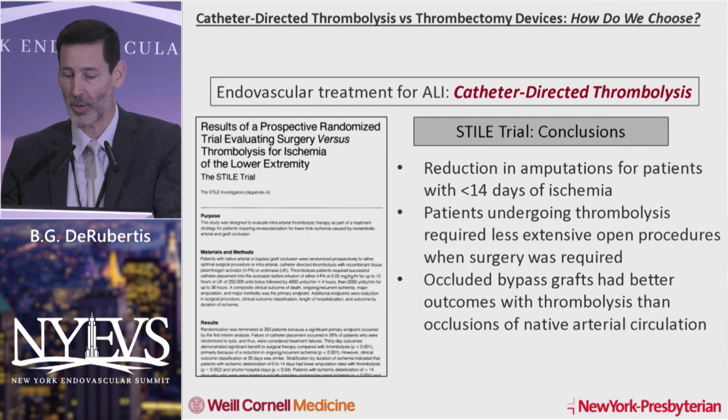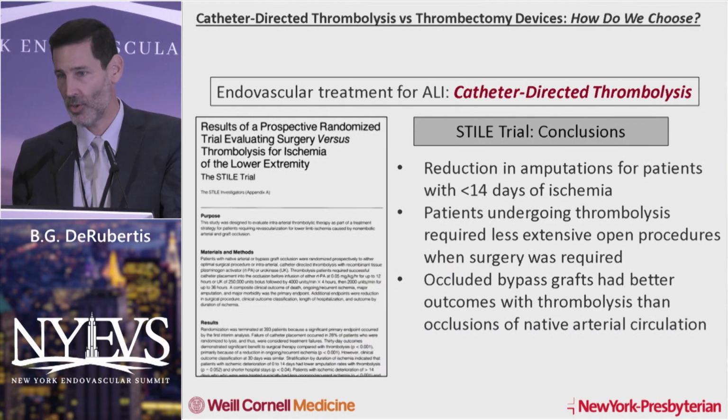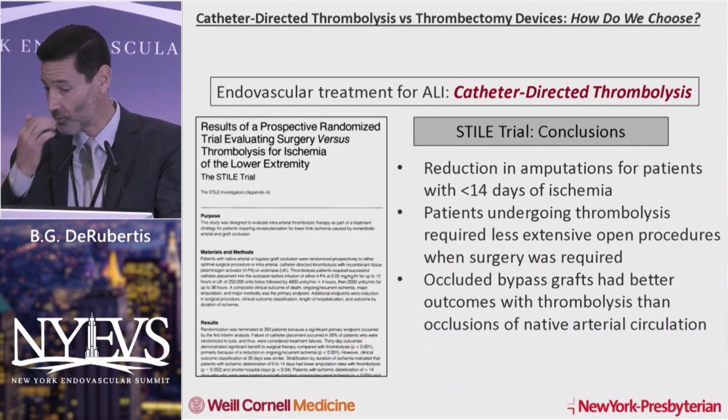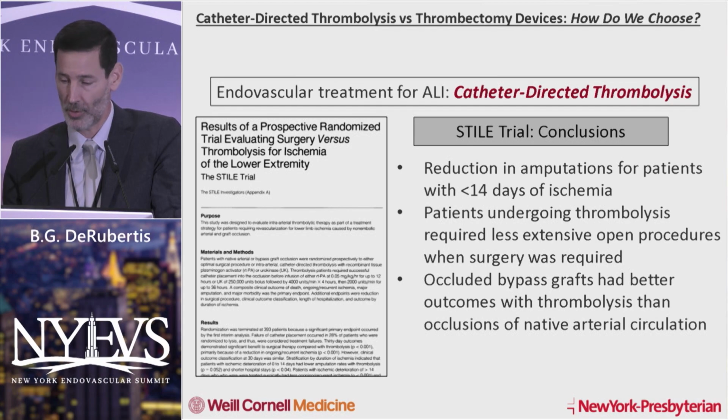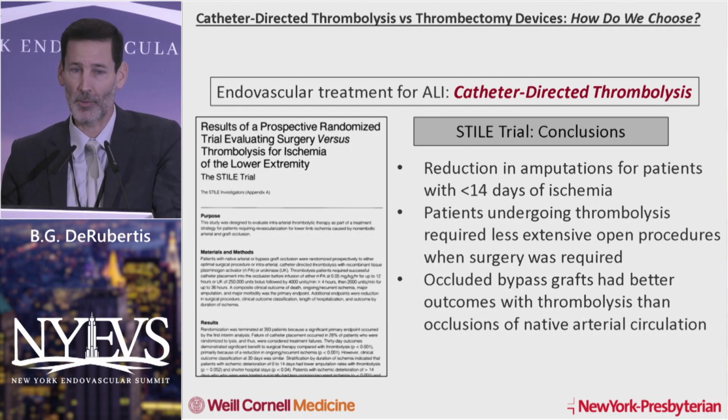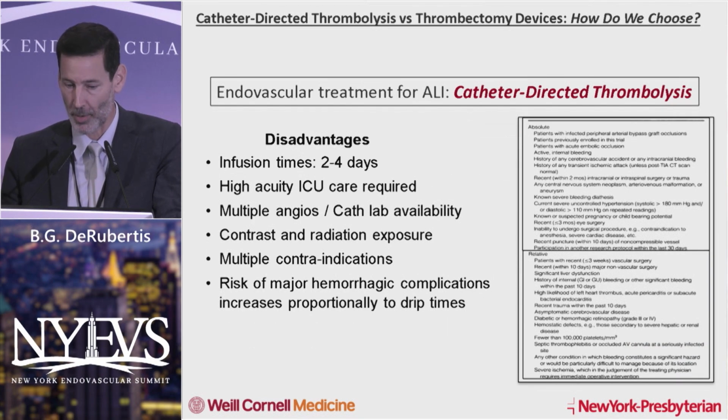So it really helped us hone in on the fact that for acute limb ischemia, patients with symptoms of less than 14 days duration typically did better in terms of amputation-free survival and amputation rates with catheter-directed therapy compared to open surgery. And again, those patients who did require some open surgery afterward had a less invasive surgery compared to an actual urgent bypass.